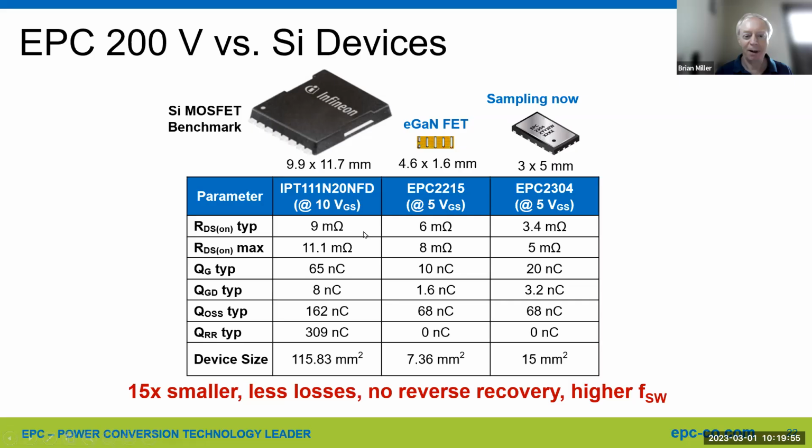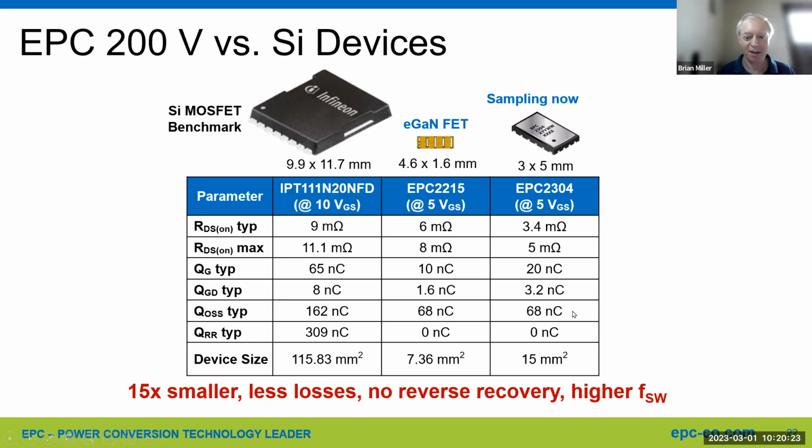You can see other parasitics are very much improved also. The charge on the gate, even though this FET on the right has a little bit more than 1/3 the amount of RDS(on), it still has lower gate charge, about 1/3 of the gate charge, which is pretty impressive. Same with gate to drain, it's down there too.